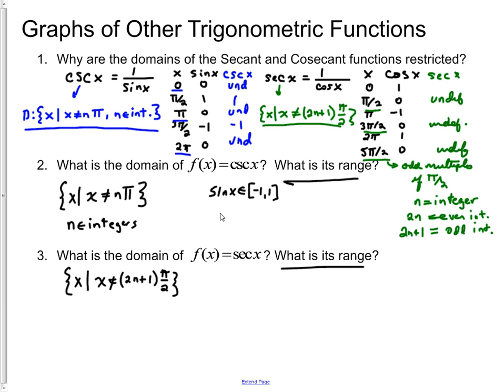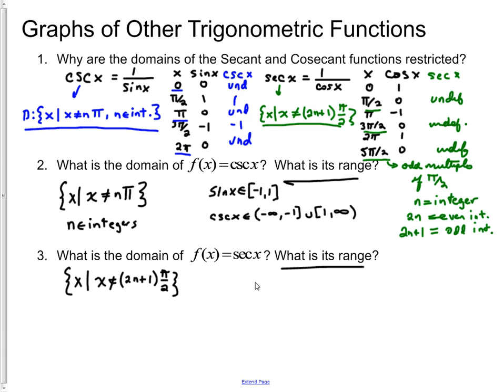In other words, since sine of x is contained between -1 and +1, cosecant of x will have a range that must be either less than -1, right? -1/2 has a reciprocal of -2, or in the set of numbers from 1 to infinity. That is the set of all values outside of -1 to 1.